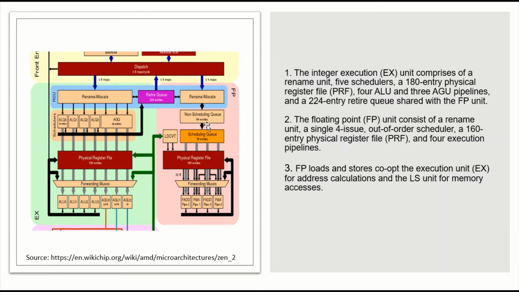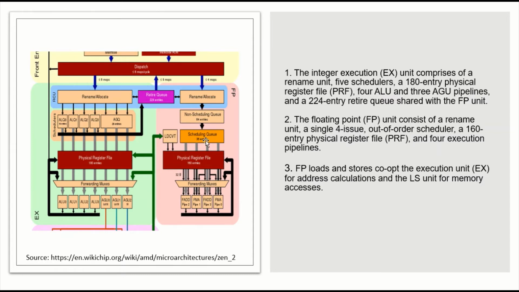The floating point unit consists of a rename unit, a non-scheduling queue, and LDCVT, which is to convert data to the internal register file format. And there is also a 160 entry physical register file and 4 execution pipelines.